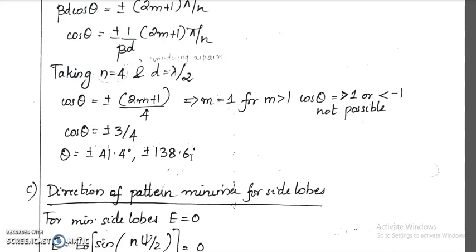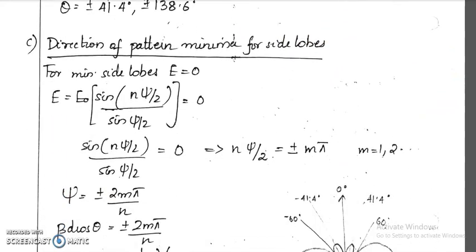Next, we want to find the null points, that is the pattern minima. The minimum will occur when the electric field intensity is equal to 0. We can equate that equation to 0, that is sin(n psi by 2) divided by sin(psi by 2) equal to 0. Either the electric field intensity equation or the normalized electric field intensity equation can be equated to 0.